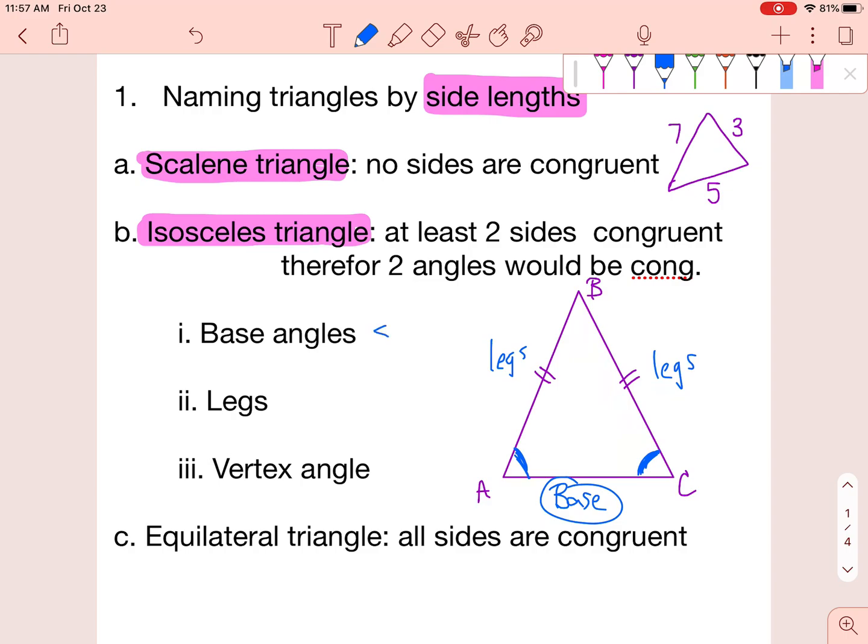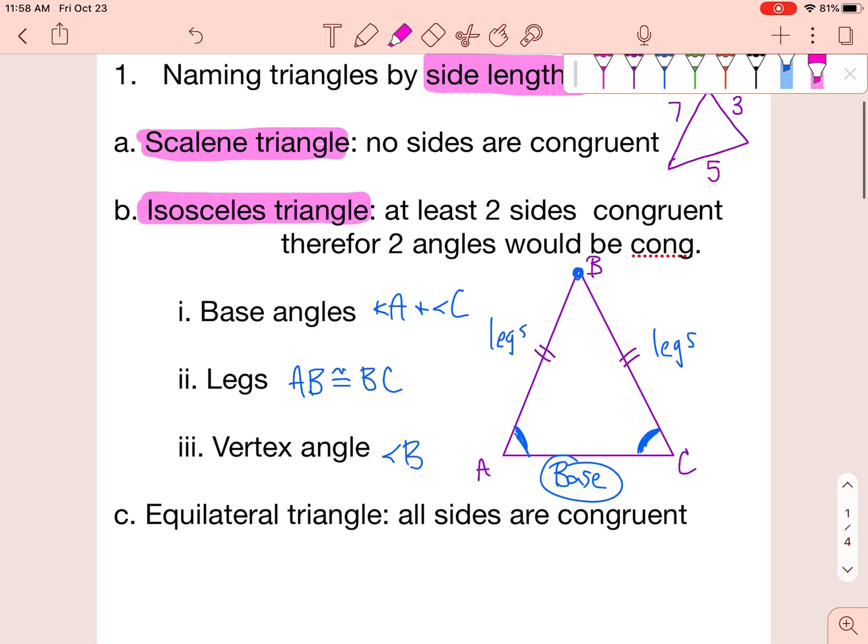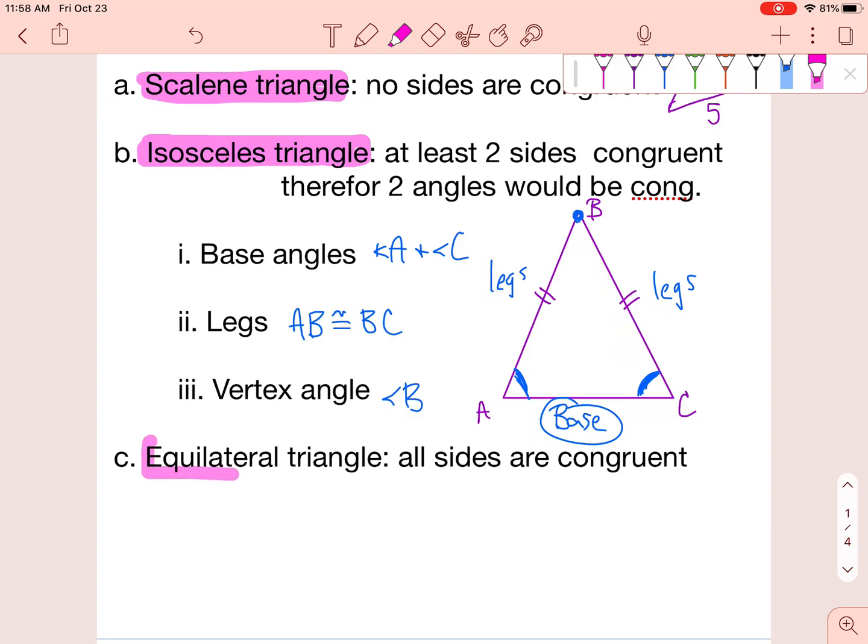So the base angles are angle A and angle C. The legs are called AB and BC. Those are your congruent parts. And the vertex angle is angle B, so we call this angle B the vertex angle. The last way to name a triangle by its side lengths is an equilateral triangle.